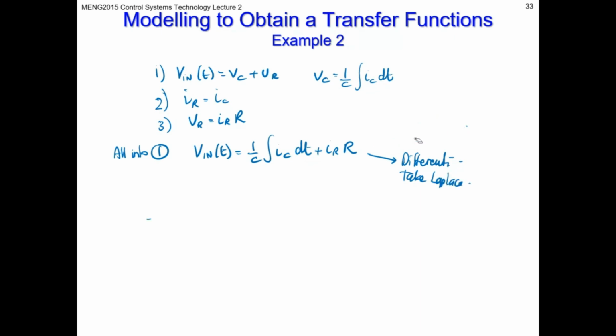Let's take the differentiation route and then take Laplace. My apologies. So if we differentiate this equation now, we're going to leave this as VR. Instead of substituting in IR yet, we're going to leave this as VR, and now we're going to differentiate.